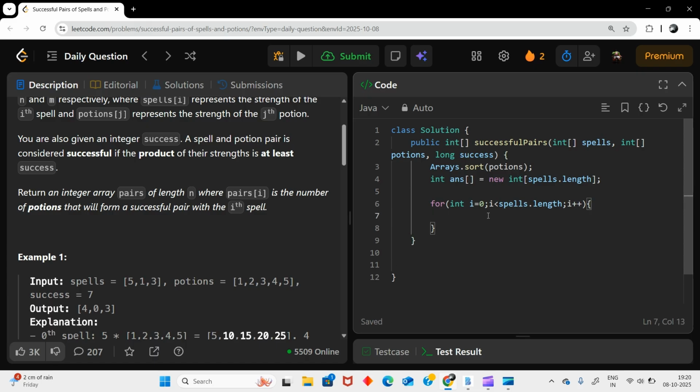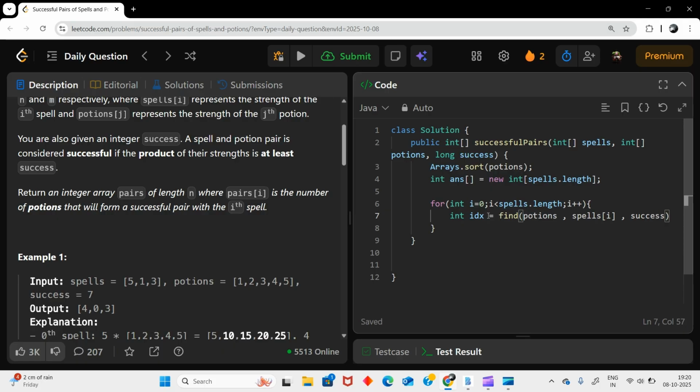Now here we need an int index. I'll use find, where we need to pass the portions on which we have to run the binary search, the current spell, and the success.